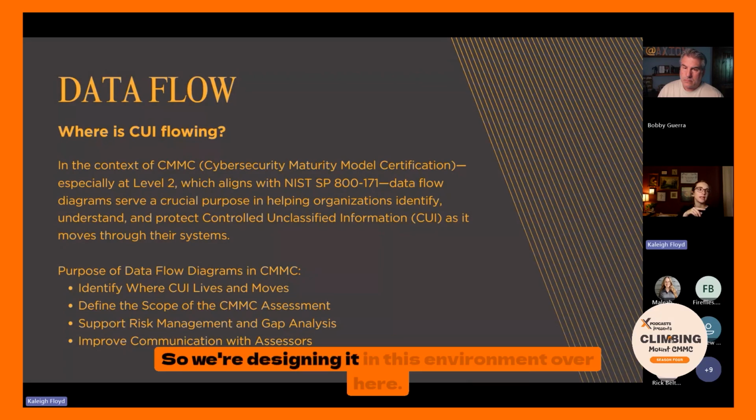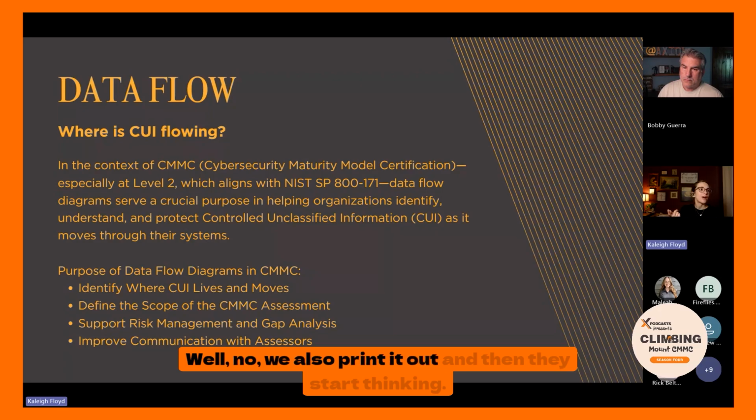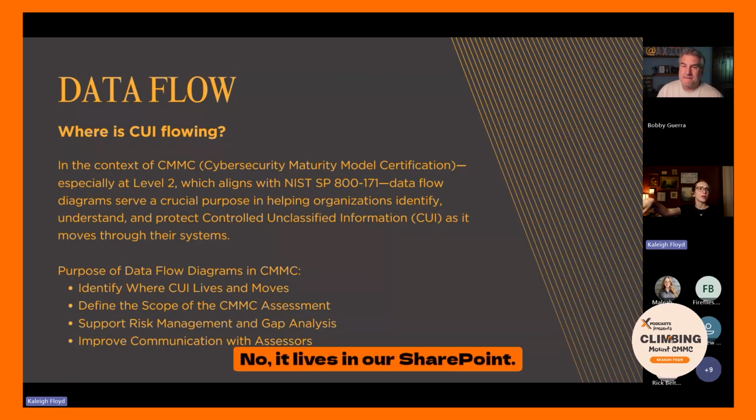So we're designing it in this environment over here. Okay, so is that where it ends? Oh, well, no, we also print it out. They start thinking, no, it lives in our SharePoint. But then we start talking about it, and we realize it lives in your SharePoint all the time. And then it goes other places. It goes into a lot of different places after that.